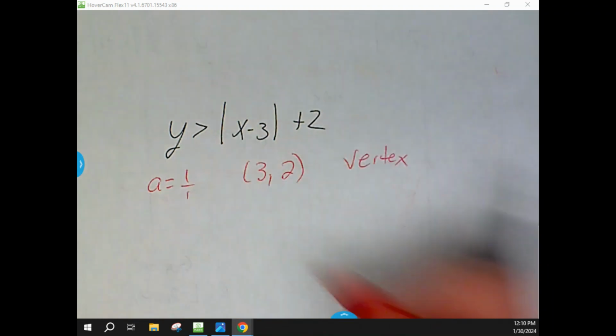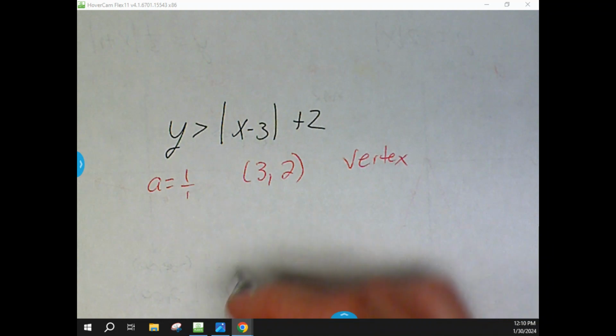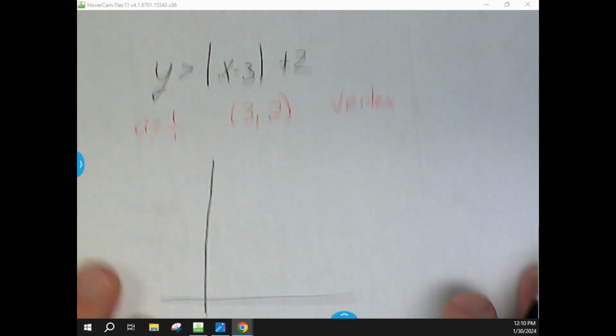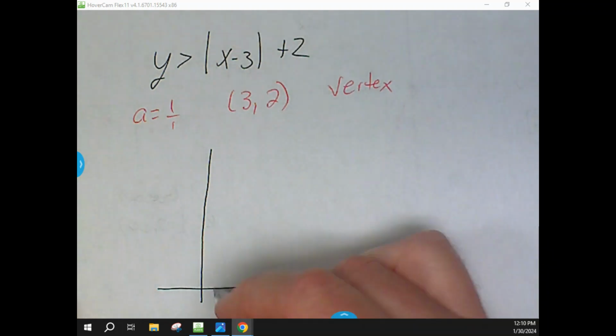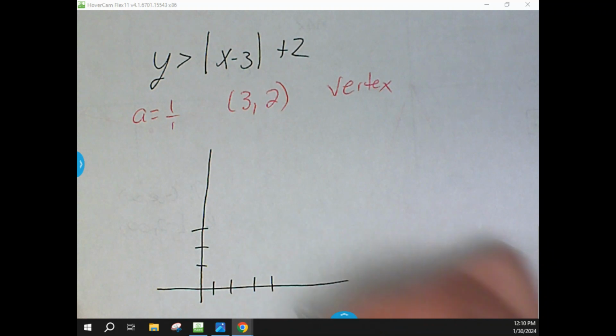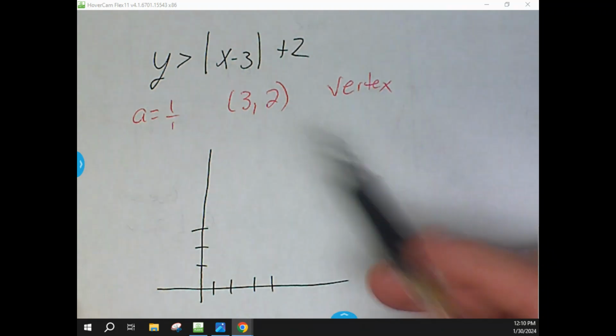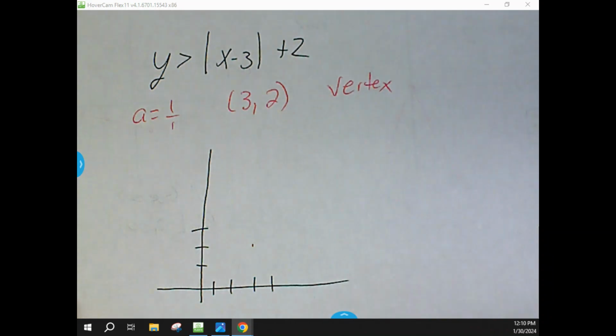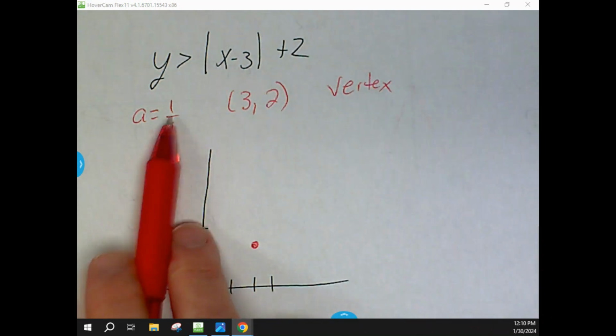So again, make it into a fraction so it's 1 over 1. And we're just going to kind of rough sketch this one. Okay, so if we go to 3, 2 over 3 up 2, that would put us right there. So there's our vertex.